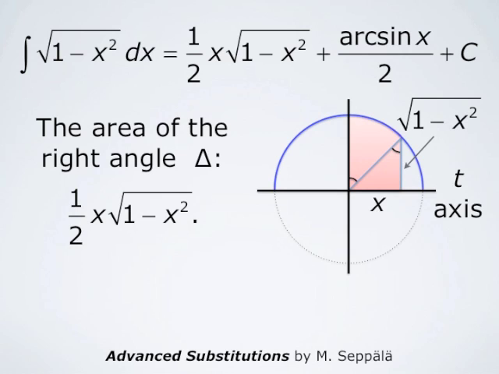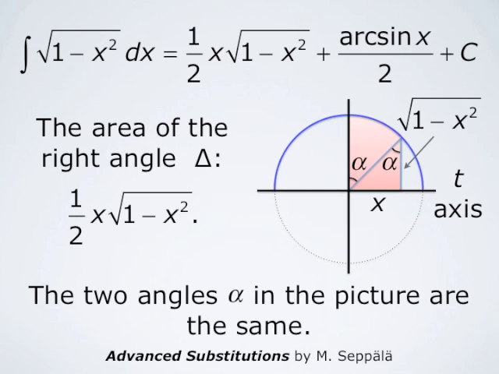Next we have to compute the area of the sector indicated here in this picture. To that end, we have to compute the angle of the sector, and we observe that that angle is the same as the acute angle indicated here in this right angle triangle. So the two angles alpha in this picture are the same.